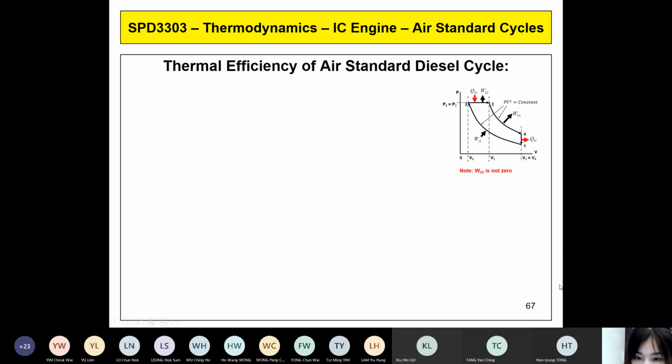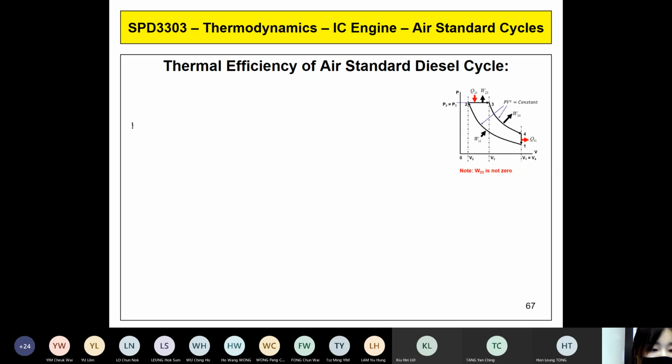Okay, let's move on to the thermal efficiency. As I said, our major concern for a cycle, for a heat engine, is the thermal efficiency, because using thermal efficiency we can know its performance. According to the second law of thermodynamics, you can never convert all of the heat supply into work output.